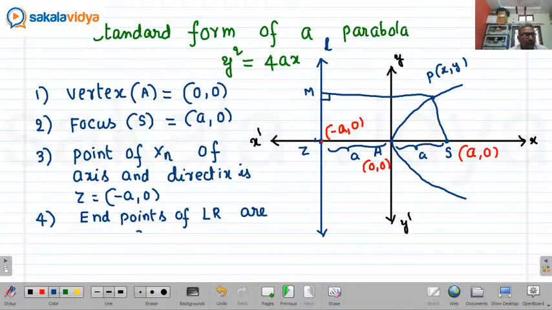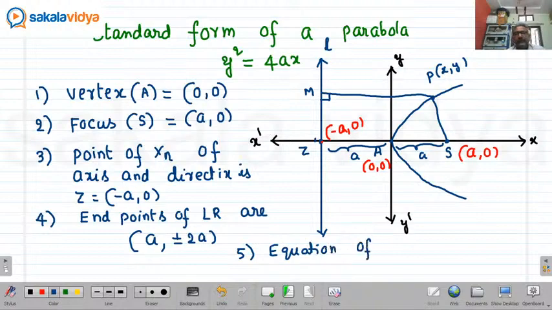Fifth point, equation of the axis. The axis is the x-axis, so the equation is y equals 0.